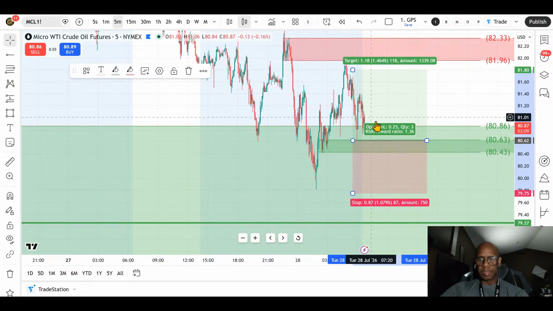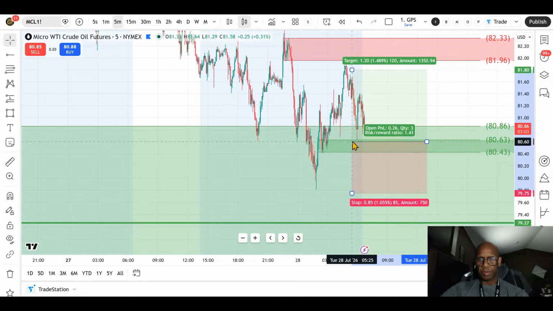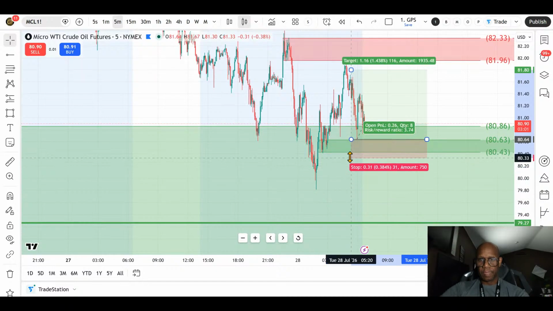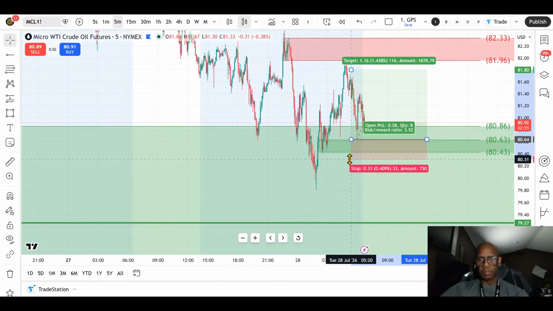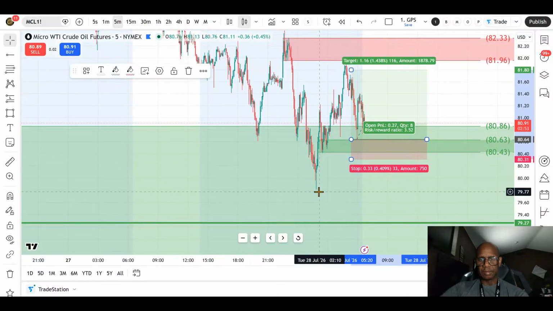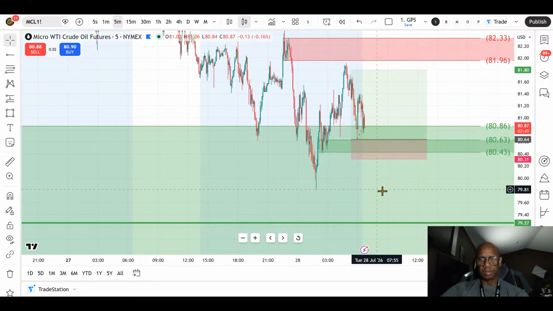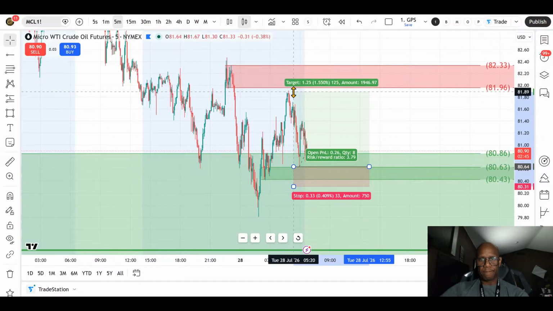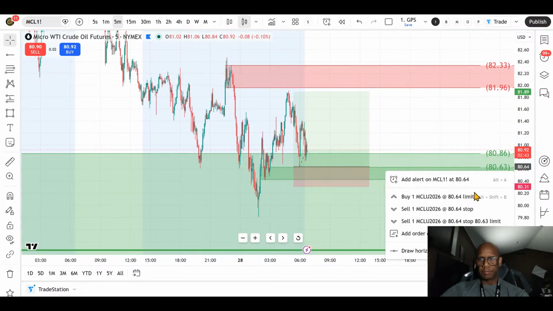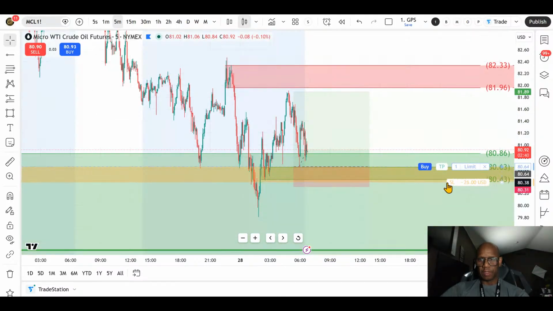If the stop loss is back here, you only have a 1.36 to 1. Bringing the entry lower, 1.56 to 1. Now, this one's bringing your stop loss inside of the controlling low. That gets you 4 to 1. The only problem I have with that one is I can't get my stop loss below here, but the risk is fairly low.